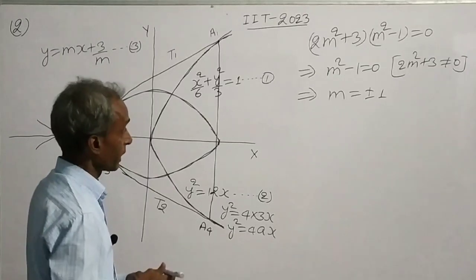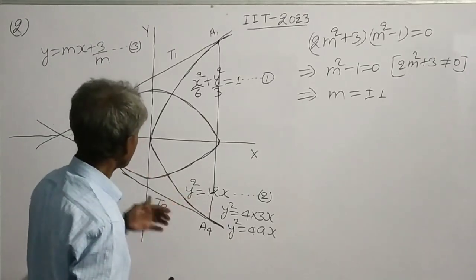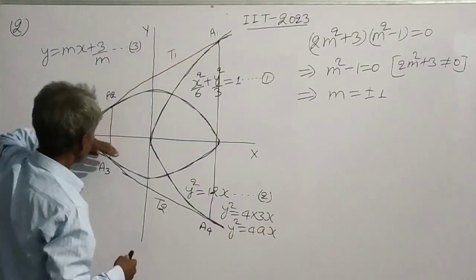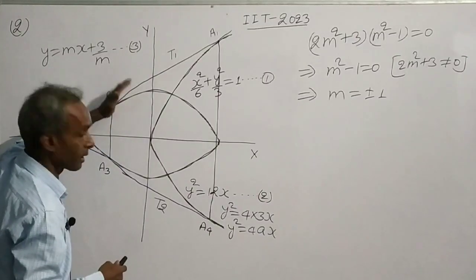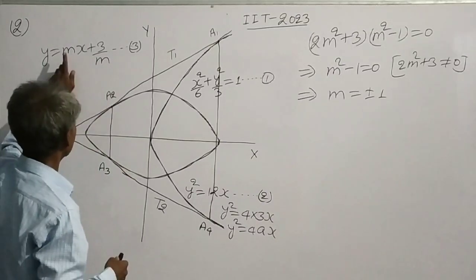When we put m is equal to 1, the slope of this tangent is positive because this tangent makes an acute angle with the x-axis.